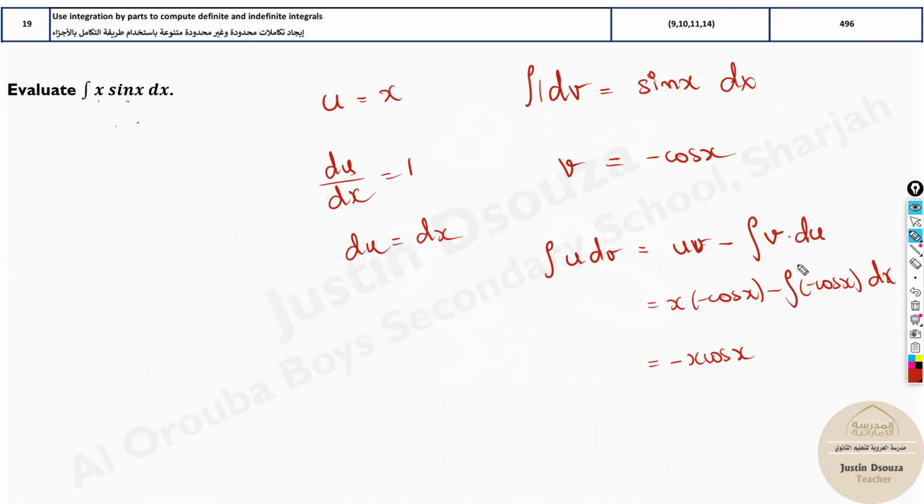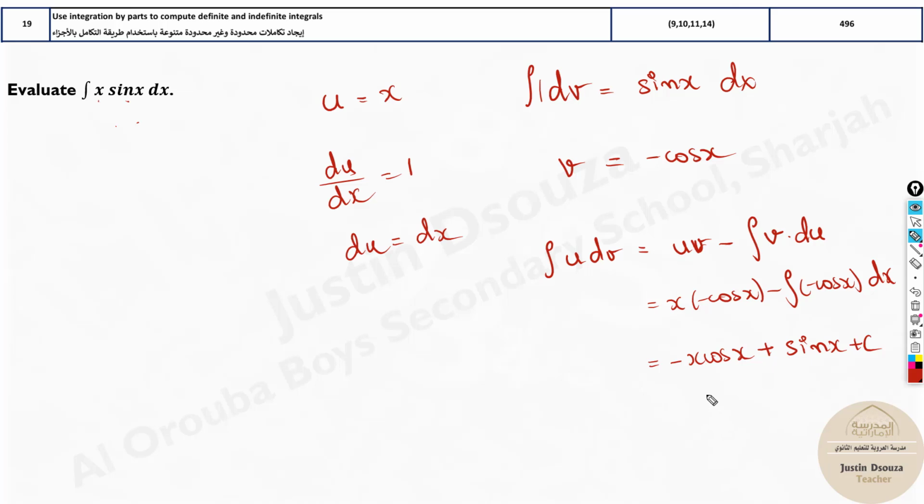I can take this negative sign outside, and when I remove it, it becomes plus, because minus and minus is plus. And the integral of cos is what? Sine x plus c. We didn't write the constant earlier because ultimately we're going to add a constant anyway. So that's it, this is the answer.